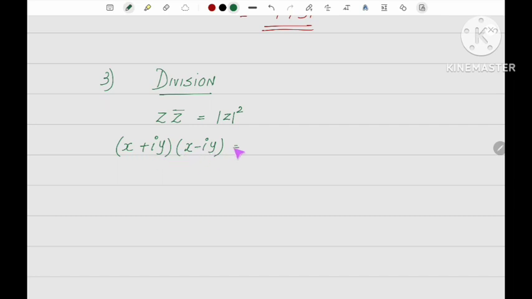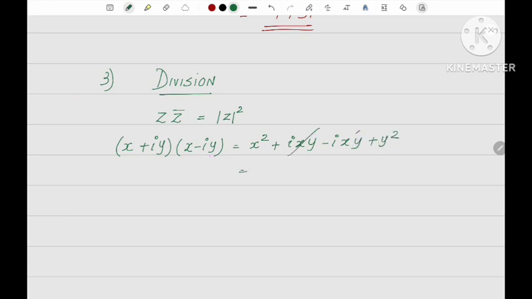If you do this, you get x square plus ixy minus ixy, minus i square y square, and i square is minus 1, so this becomes plus y square.